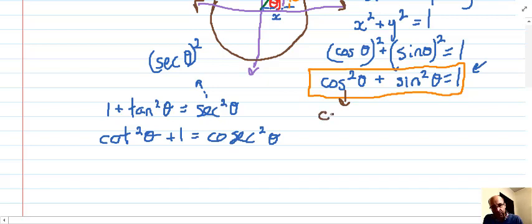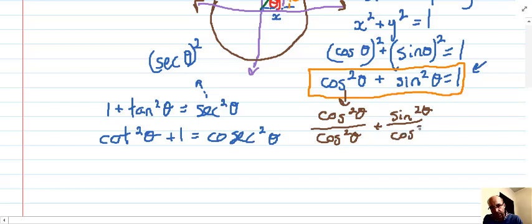So if we divide everything through by cos squared theta, so cos squared theta over cos squared theta, then we have sine squared theta over cos squared theta, and we have 1 over cos squared theta. That will come out as 1.